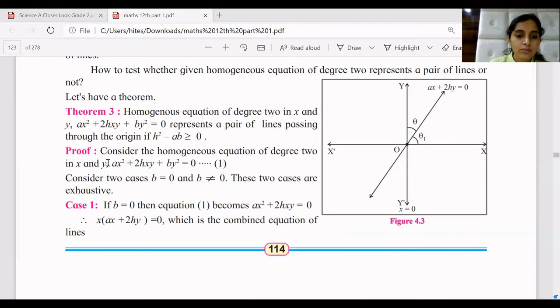This equation 1 is multiplied with b. So what do we get? abx² + 2hbxy + b²y². Okay, let's go down.